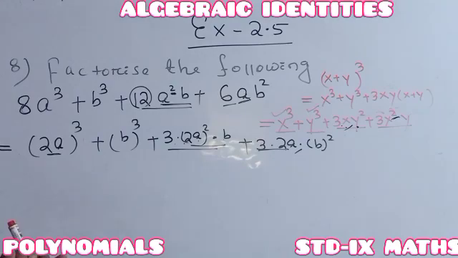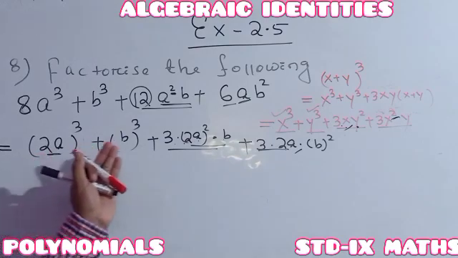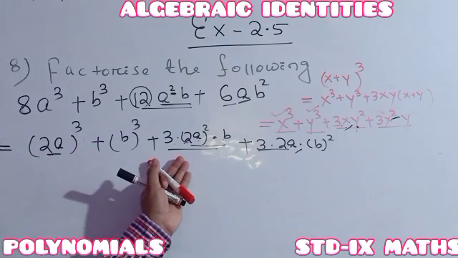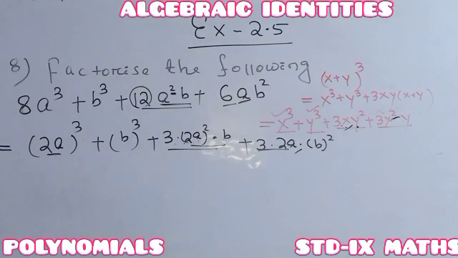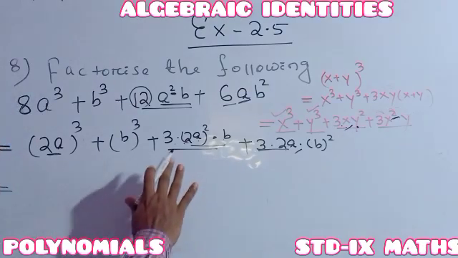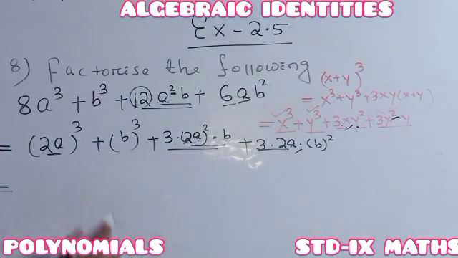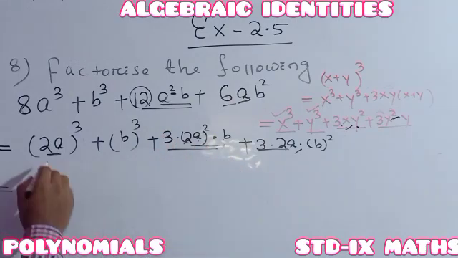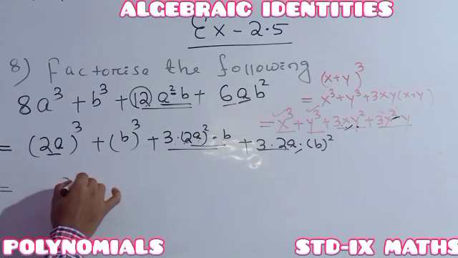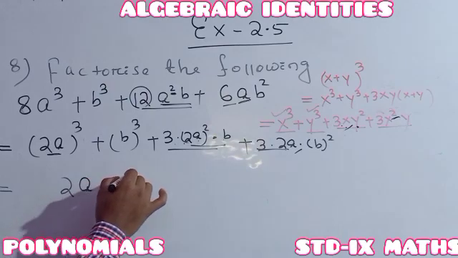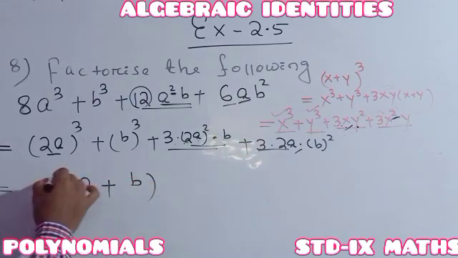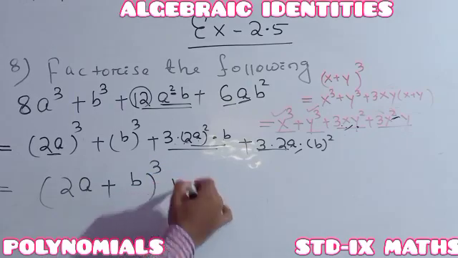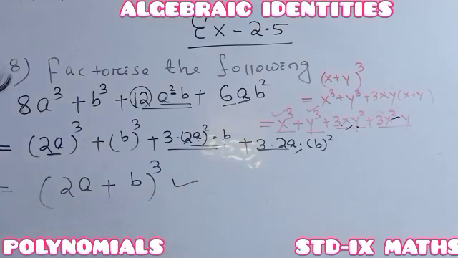So it means it has already been arranged in the form of x cube plus y cube plus 3x square y plus 3xy square. So as it is already in the expansion form of (x plus y) whole cube, 100% its factorization form will be (x plus y) cube. X here is our 2a, and y will be our b, its cube. Factorization form ready.